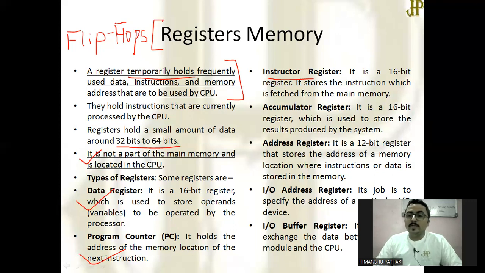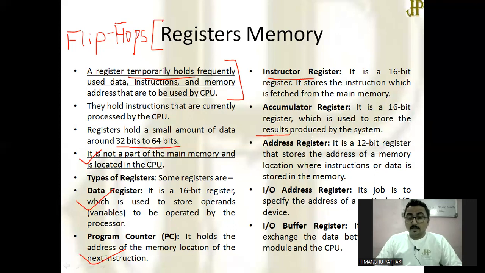Next one is the accumulator. Accumulator is used to store the result. Next one is the address register. As the name suggests again, it stores the address of a memory location where instruction or data is stored in the memory. Next one is the IO address register.